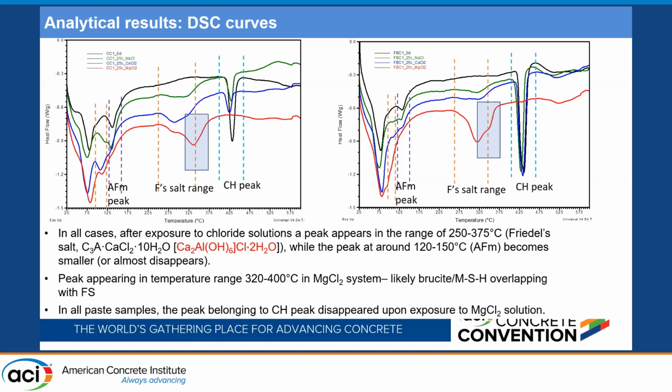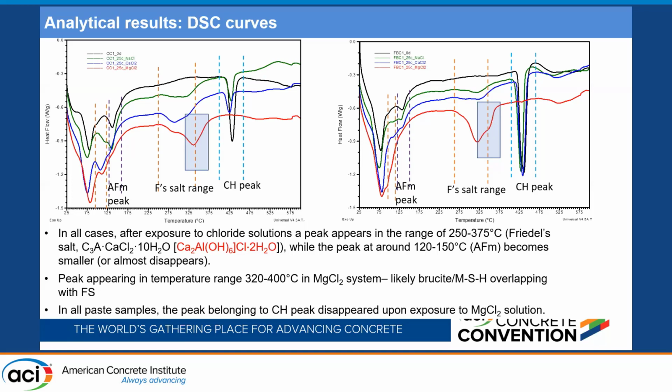If we compare those two materials, the calcined clay and the fluidized bed ash, we can see that in the case of fluidized bed ash, that hump is less. The area is less evident than in the case of the calcined clays.